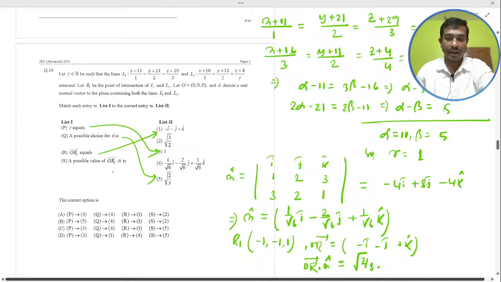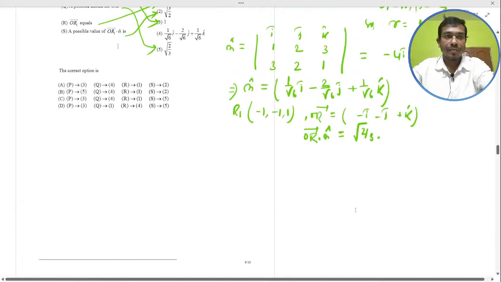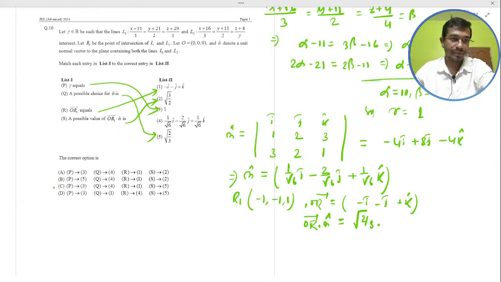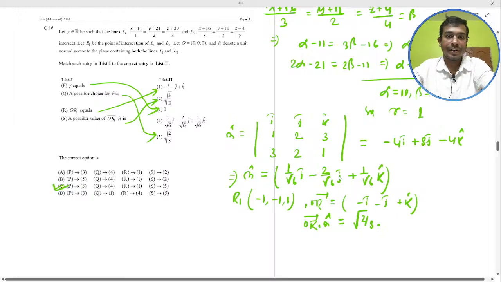And OR dot n will become root 3 by 2. Okay. So this will become option C is correct. Option C is correct. Next, go ahead.